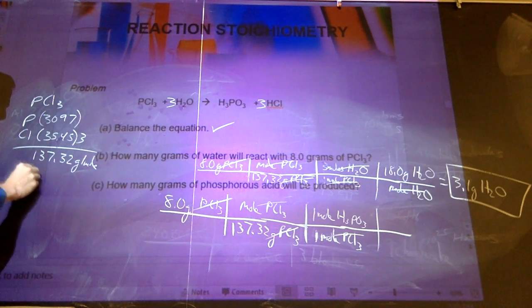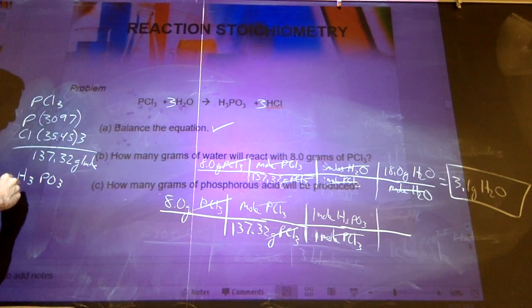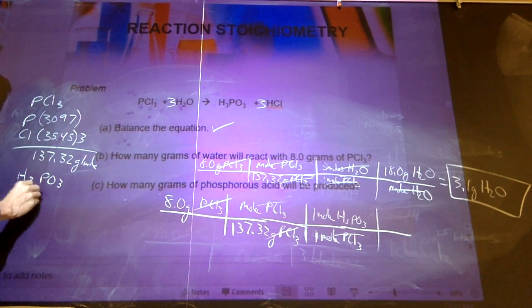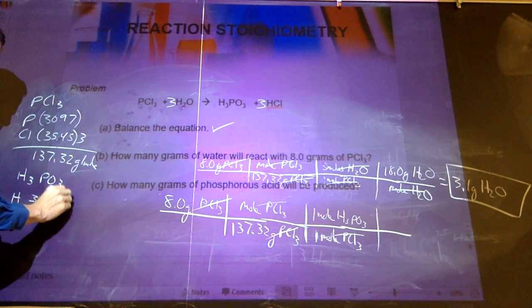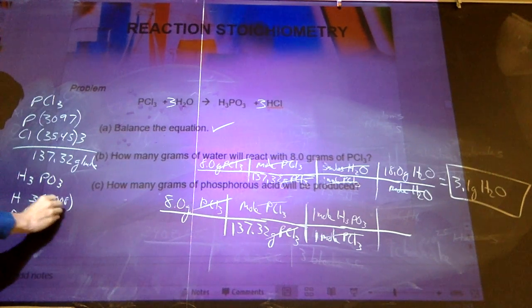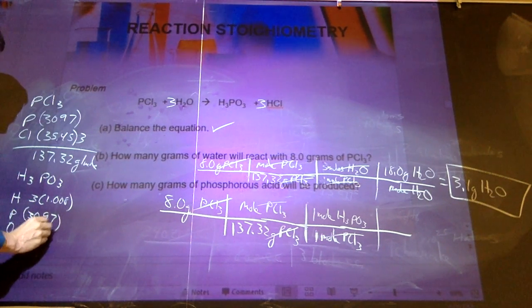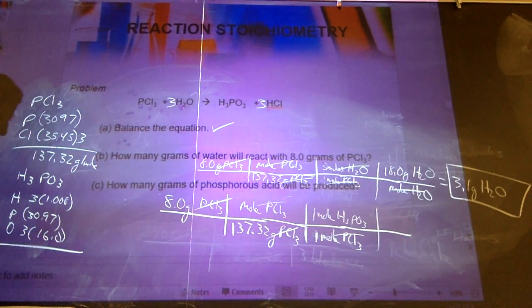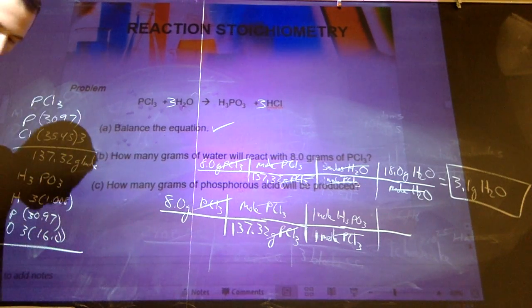So I need to look at my molar mass. So again, I'm just looking at my atomic masses of each one of these elements and multiplying by the amount I have.